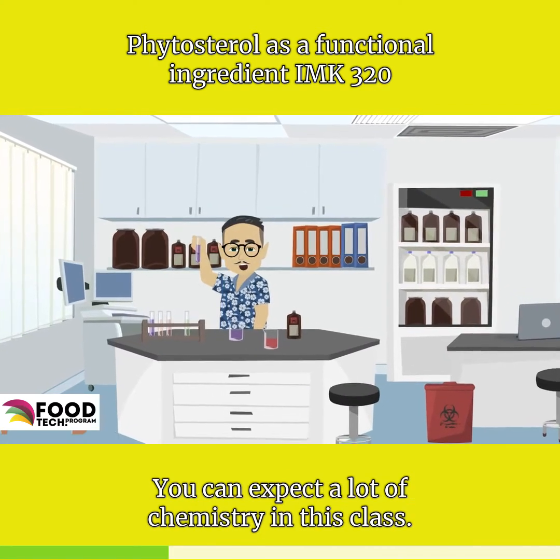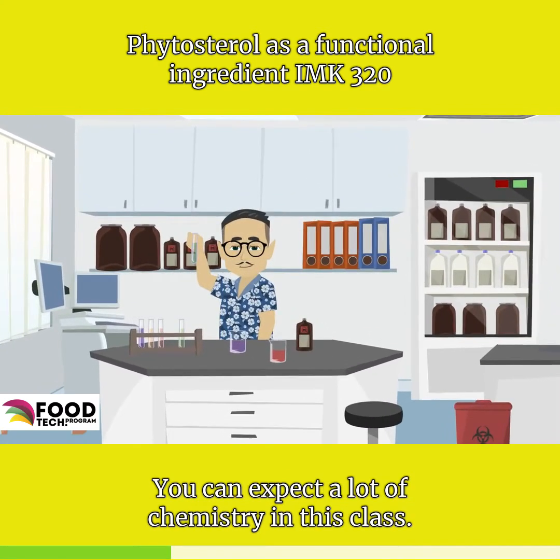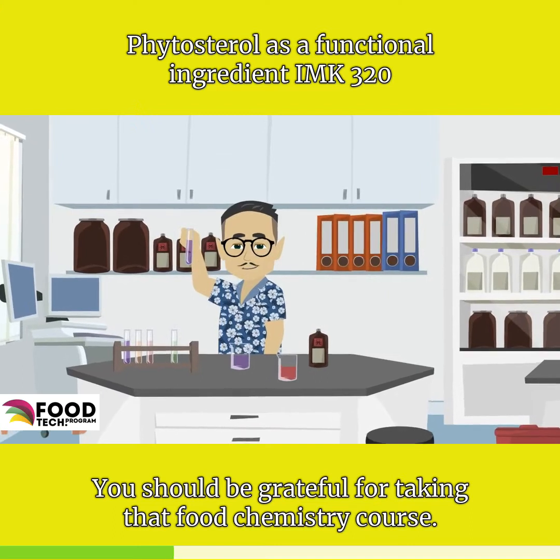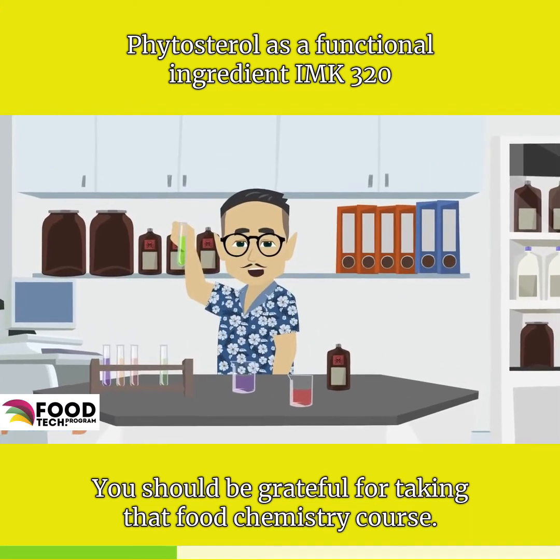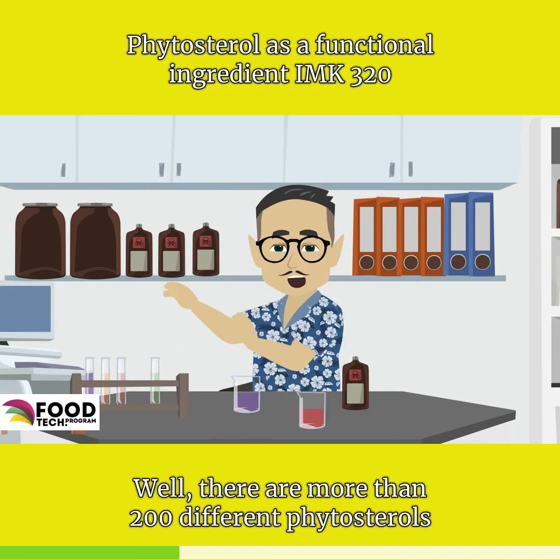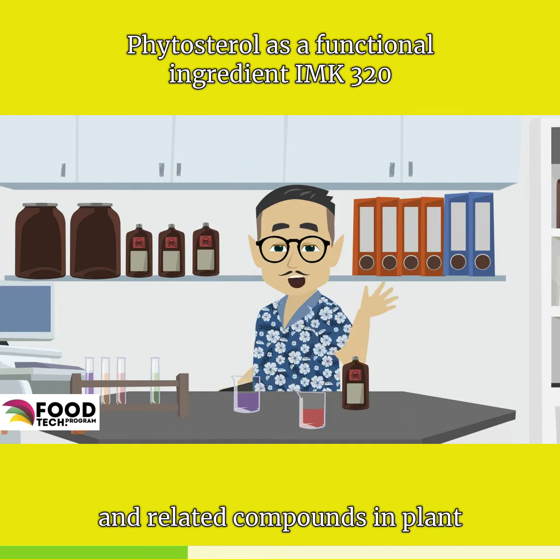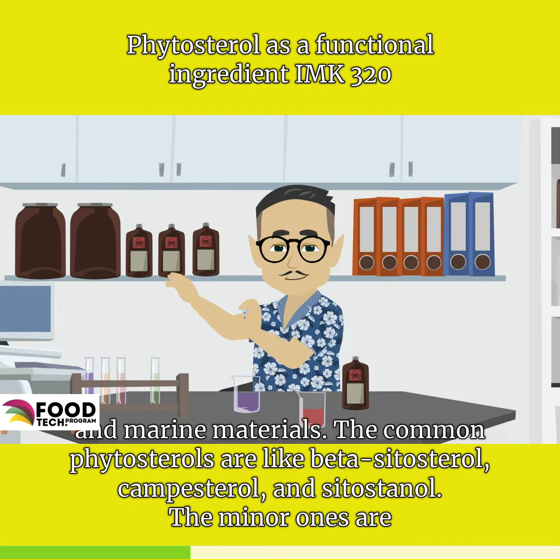You can expect a lot of chemistry in this class. You should be grateful for taking that food chemistry course. There are more than 200 different phytosterols and related compounds in plant and marine materials.